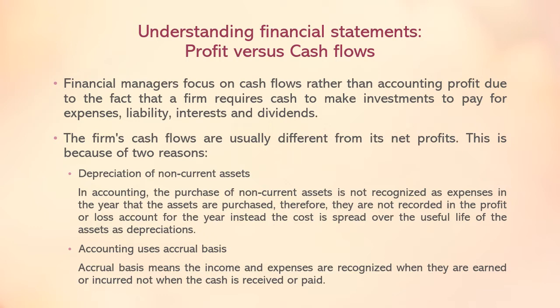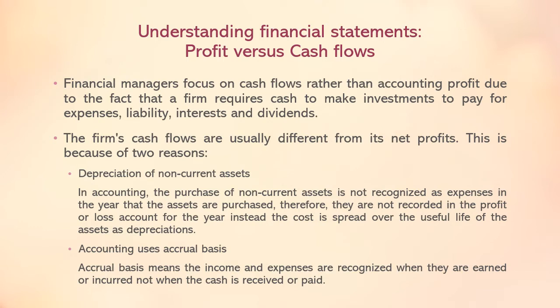Instead, we spread the cost of buying the asset over their useful life, and we call them depreciation. So that's why depreciation is a non-cash flow item, due to its nature of spreading the cost for 1 year into maybe 5 to 10 years.